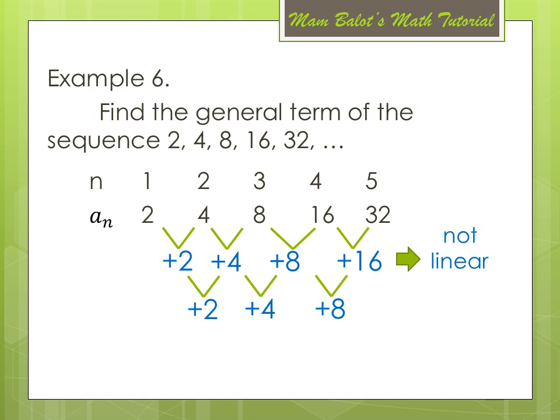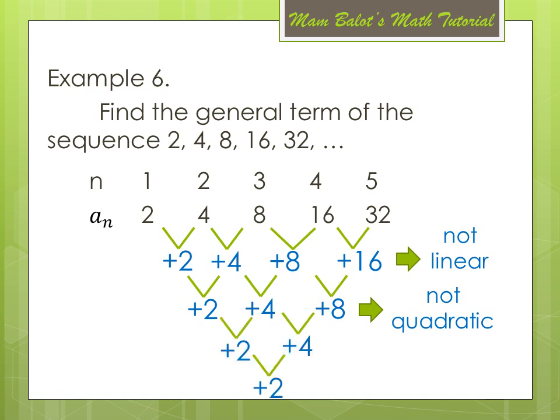If we compute for the second difference, still it is not constant, so it is also not a quadratic function. And if we get the third difference and so on, observe that there is no chance that their differences become constant, which implies that these terms follow an exponential function.